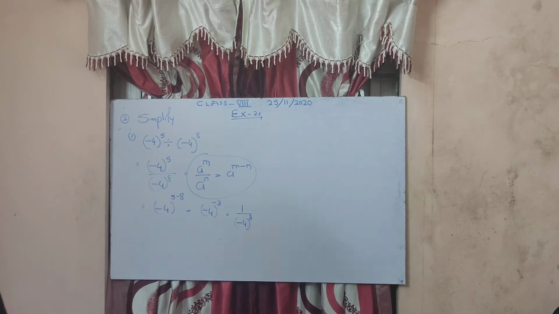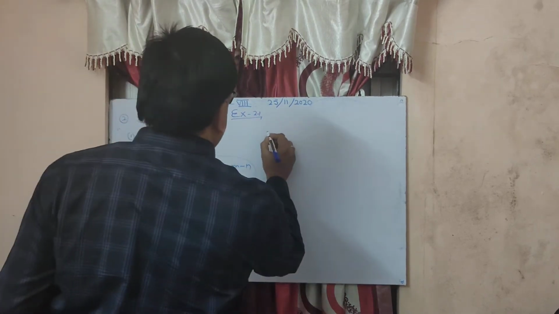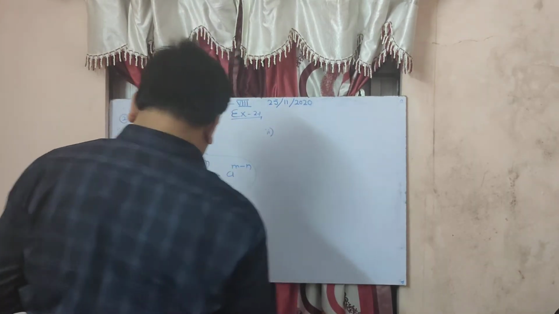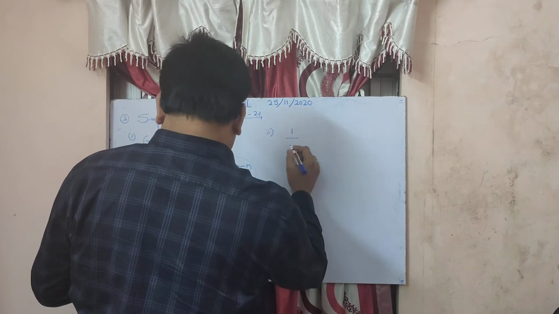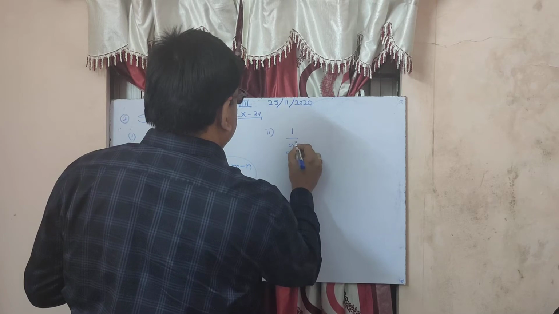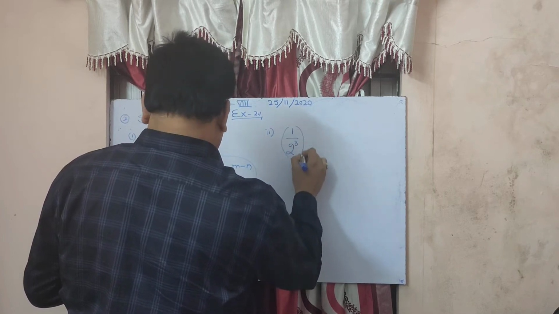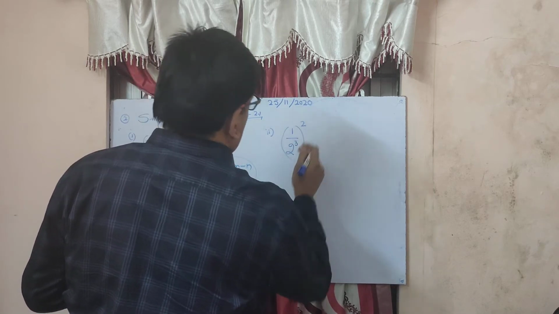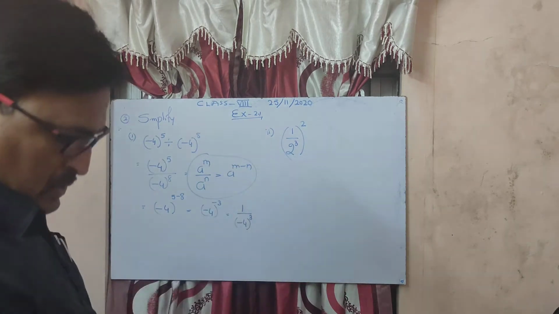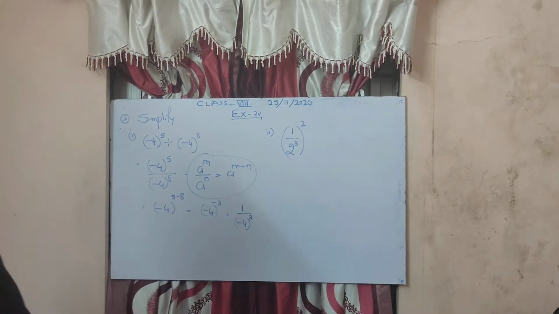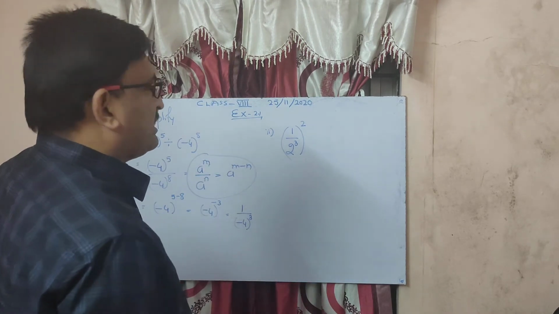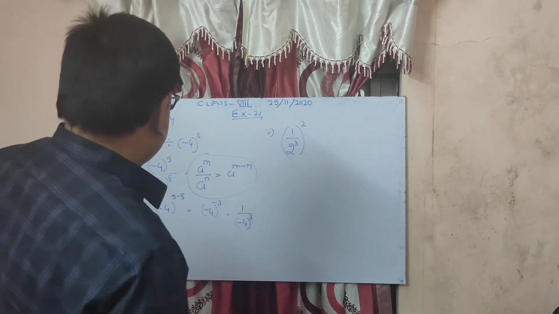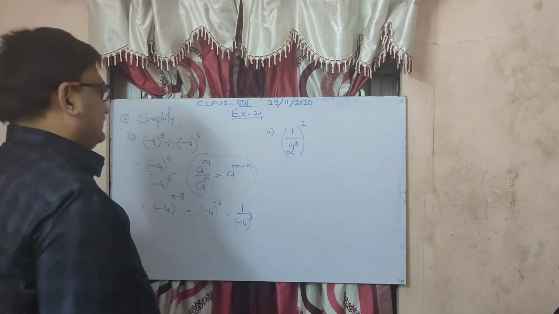The second example. One upon 2 to the power 3, whole power 2. Okay, now again you have to remember which law will be applied here.